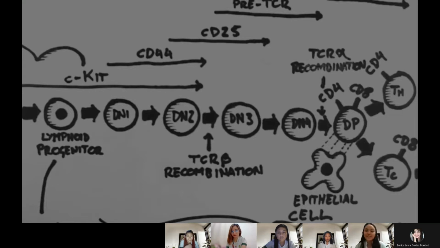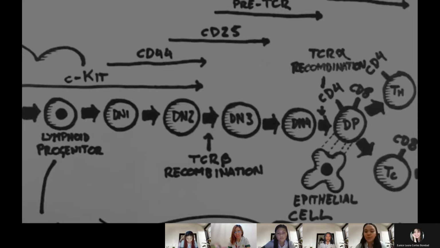Okay, para mabilis. So, for example, kapag sa isang laboratory, we are testing a cell, and then yung cell ng patient na yun, nagpakita siya ng marker like CD44. Kung negative yung CD44, tapos positive yung CD25, and then parehas nag-negative sa CD8 and sa CD4 na marker, it suggests that the cell or yung stage nung cell is nasa double negative 3 stage na siya, kasi yung criteria niya, it simply expresses under the double negative 3 na stage.